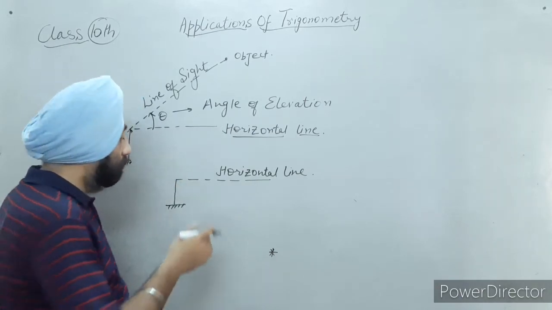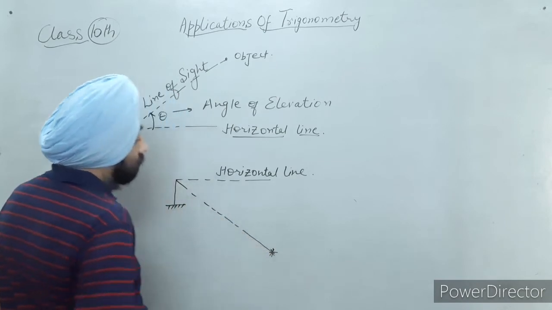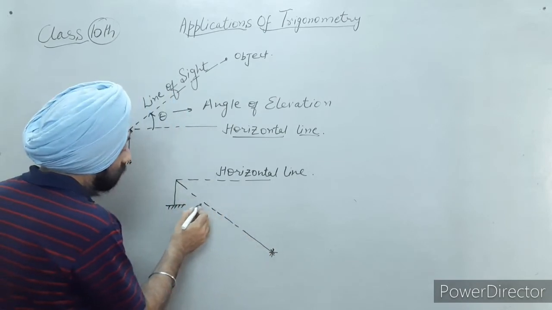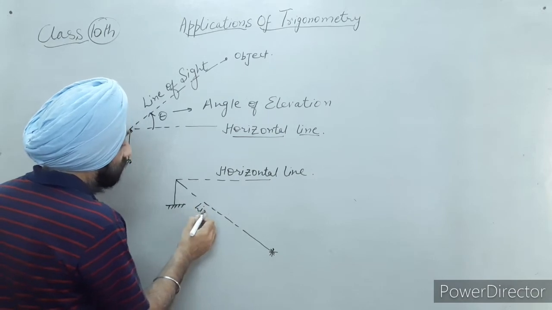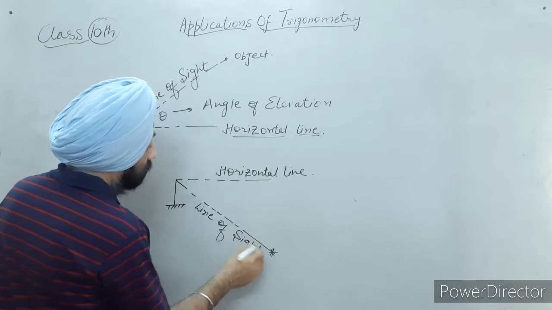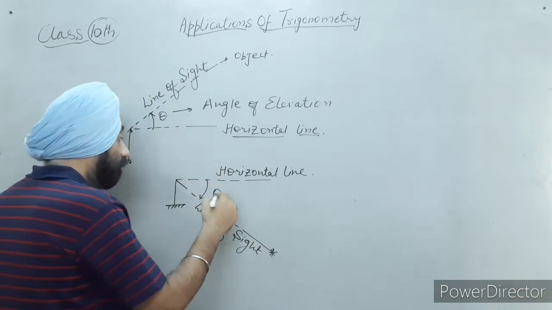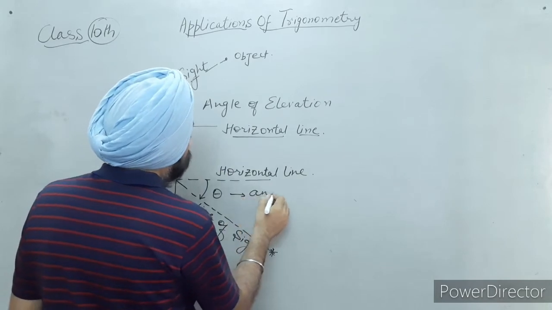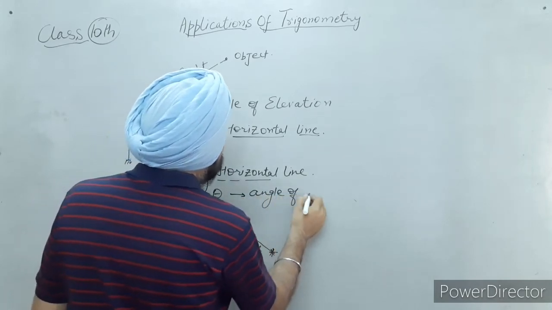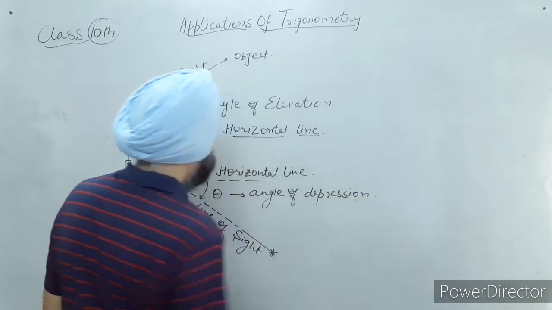So what does he have to do? He has to lower down his head. This will be the line of sight. And this angle, let this be theta. It will be called now angle of depression.